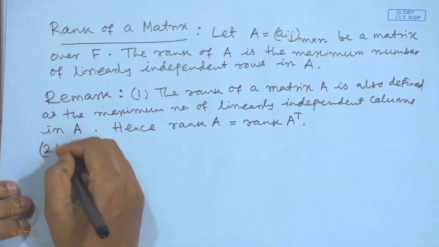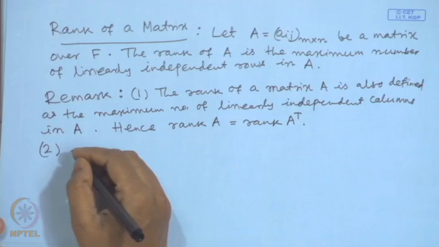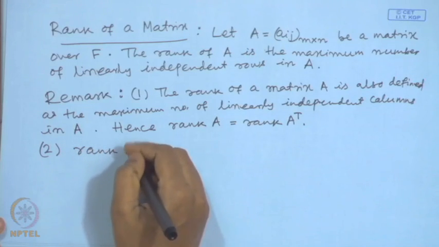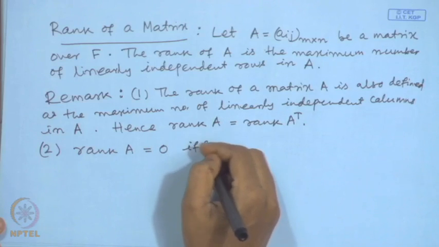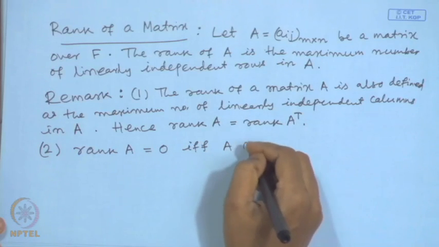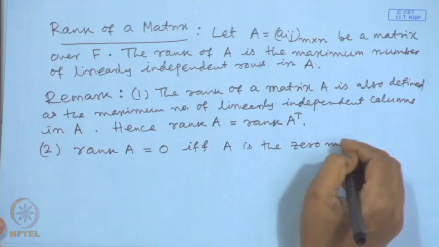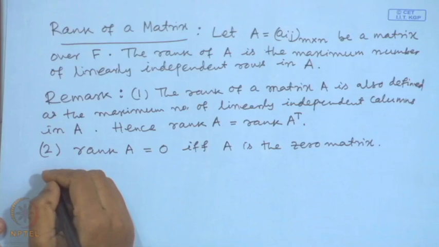So, the second remark is like this: rank of a matrix A is equal to 0 if and only if A is the 0 matrix, that is all the entries in A are 0.